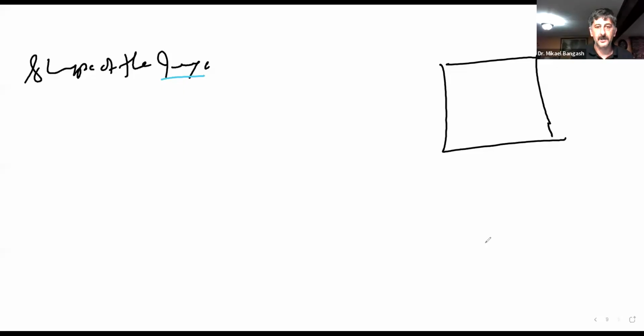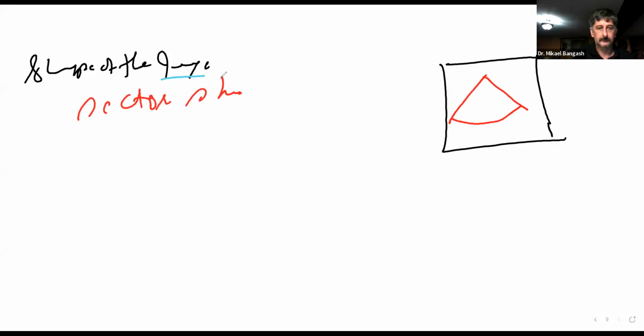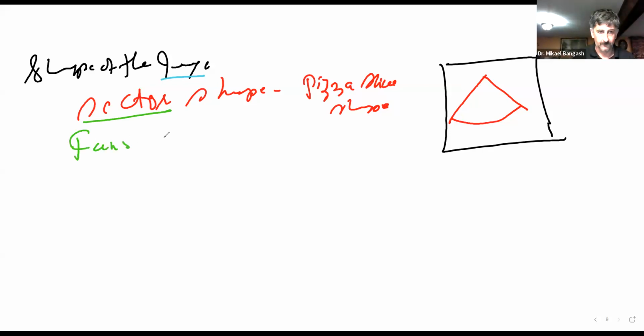Now the shape of the image here. This is going to be this shape here, which is that sector shape. Clear? You may go into the food department and say pizza slice shaped. But what you will actually see, and what is going to be of importance, is that this sector shape actually fans out.